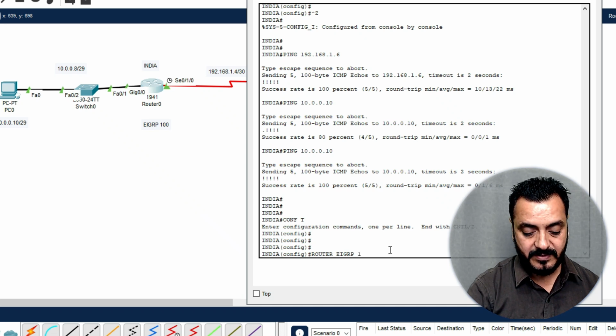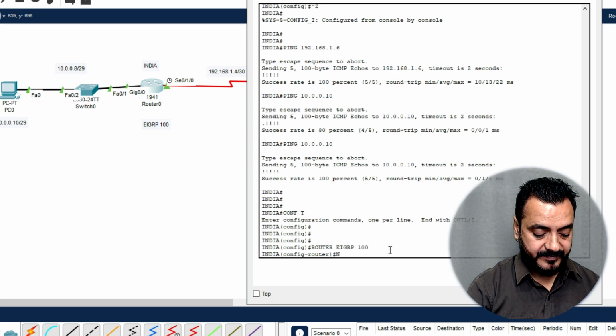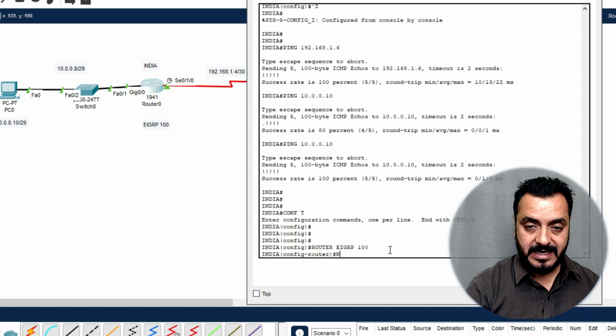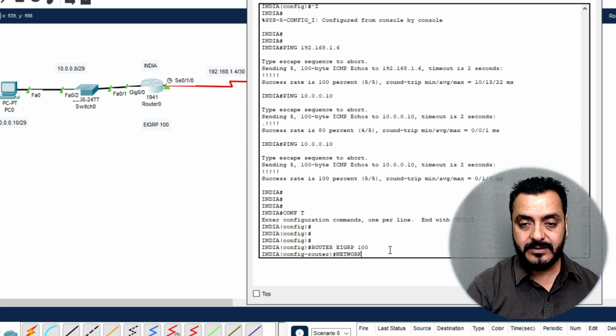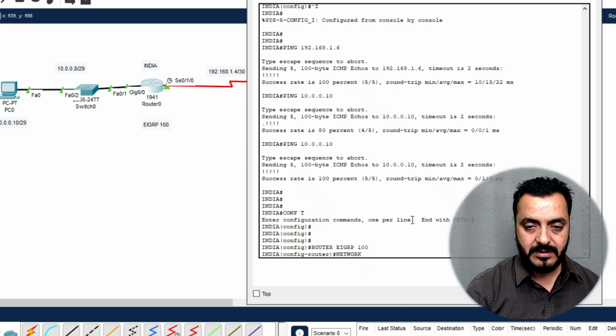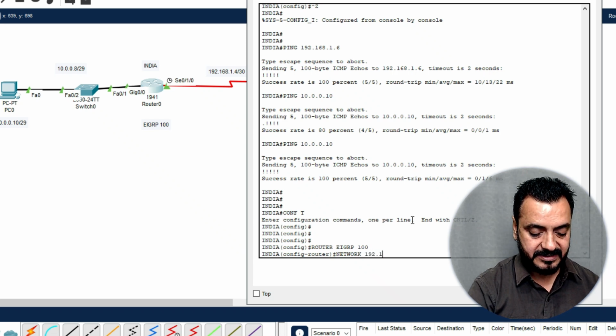Autonomous system number is 100. Press enter. Then we have to enter the directly connected networks of this router into the routing table. As you know, our first network on the right side of the India router is 192.168.1.4.